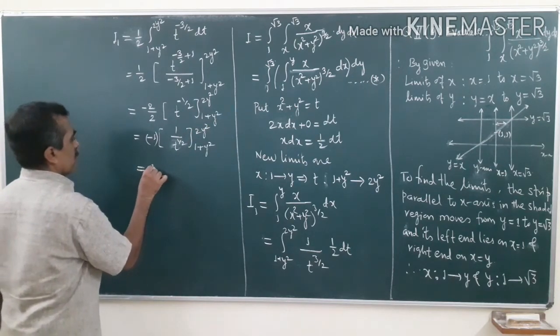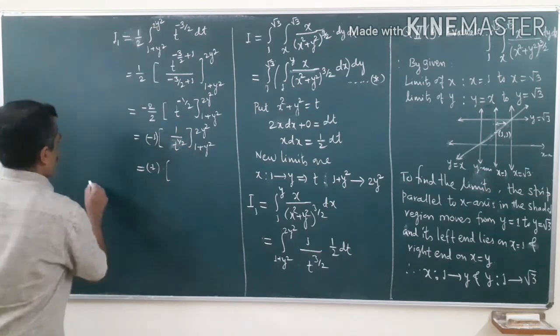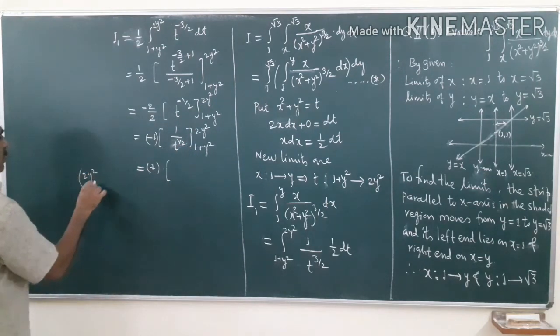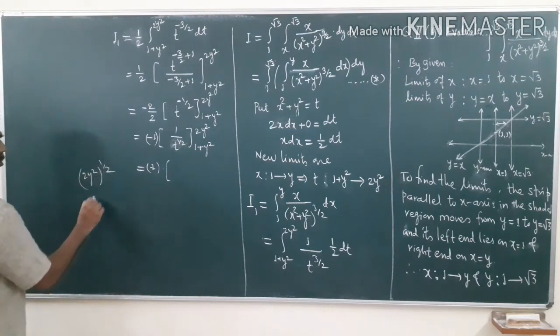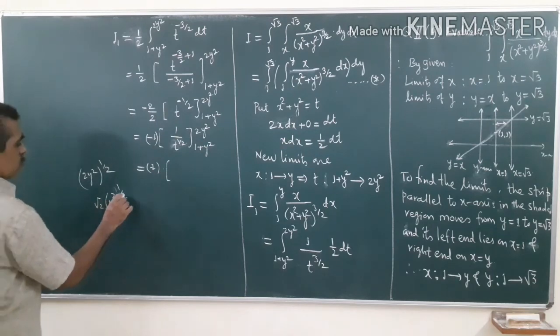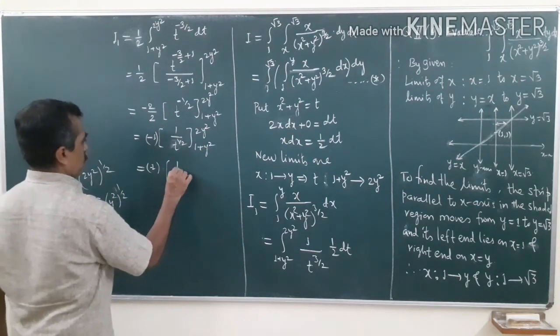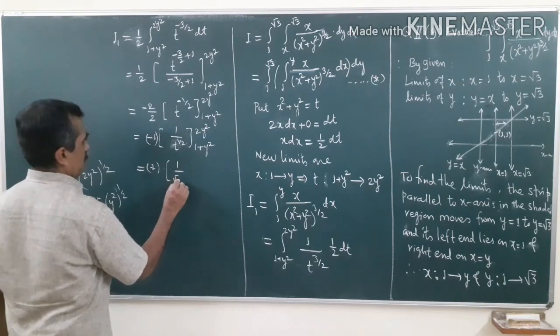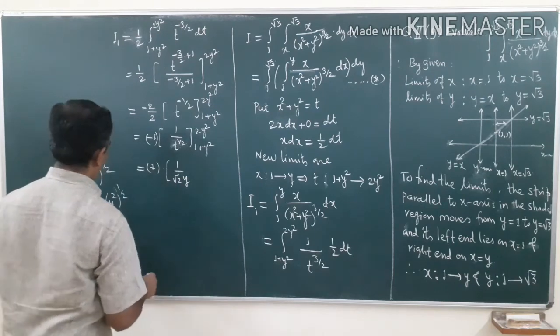This is minus 1 into, now put the upper limit, 2y square. So 2y square raised to half is 2 raised to half, that is root 2, and y square raised to half is y. This 2 will get cancelled. So it is 1 upon root 2 into y.